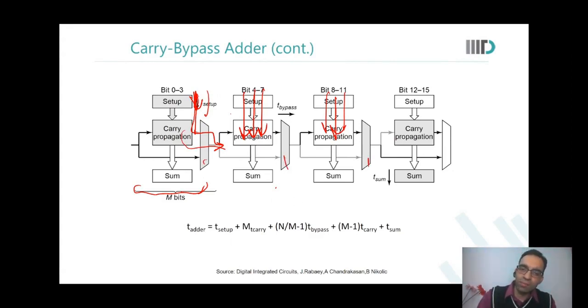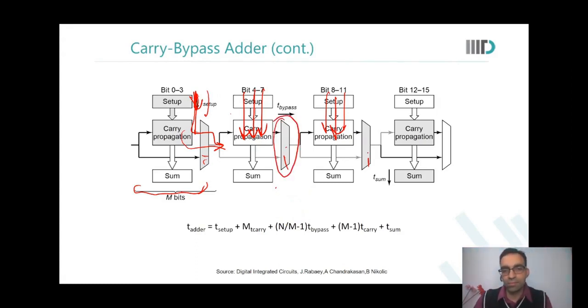So actually should it be n by m minus 1? We can see. We know that 16 bits have been split into 4 bits each, so we would have 4 minus 1. Sir, n by m would be the bits in one parallel path, right, sir? Yes. T bypass is the delay of, let us say, this multiplexer.